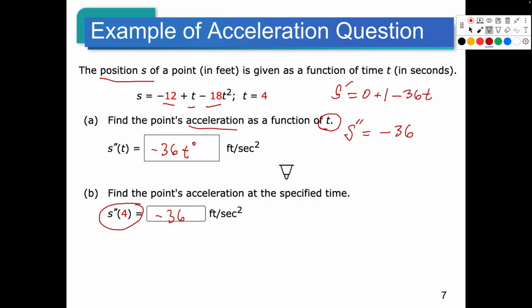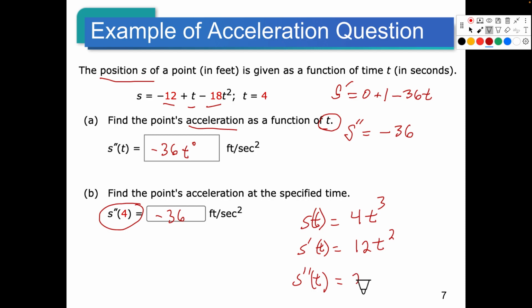You'll see on some of these, they'll give you a function that starts with maybe t to the 3rd power. So they might give you s of t equals 4t to the 3rd. And then when you take its derivative, 3 times 4 is 12t squared. And then the second derivative is not going to be a constant.